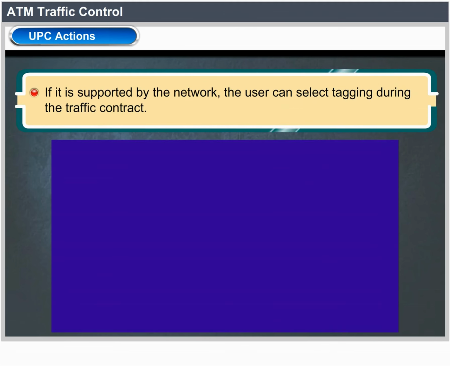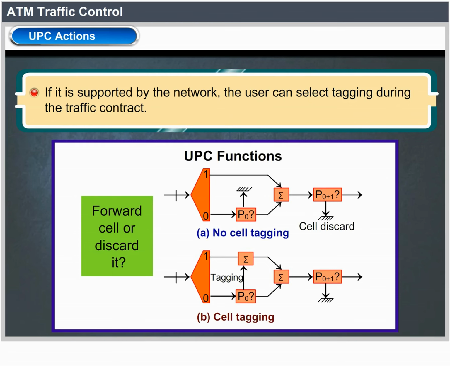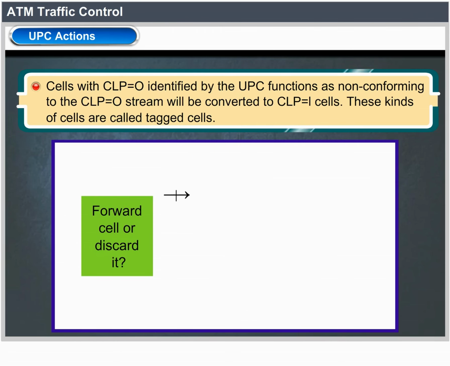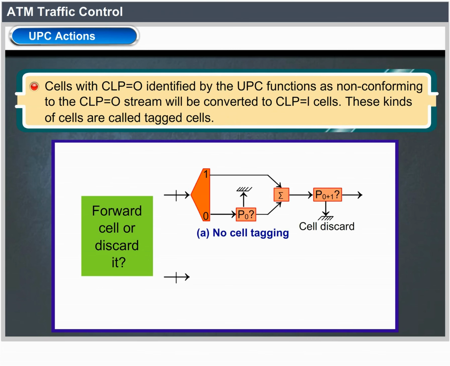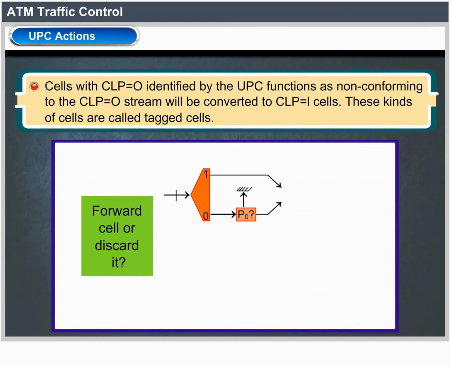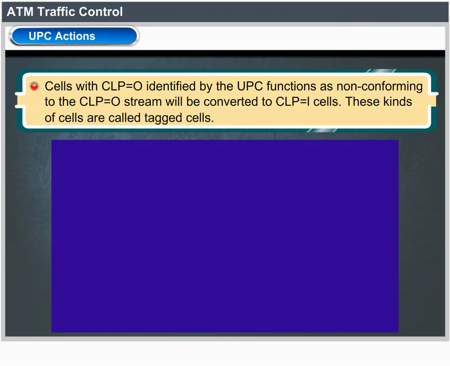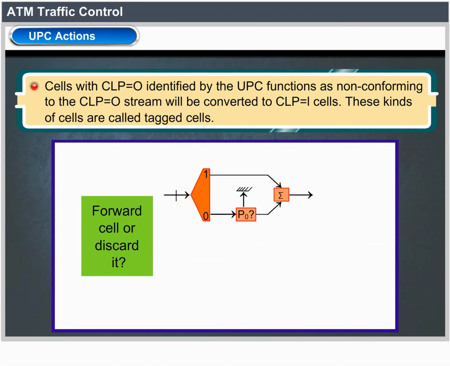If it is supported by the network, the user can select tagging during the traffic contract. Cells with CLP equal to 0 identified by the UPC functions as non-conforming to the CLP equal to 0 stream will be converted to CLP equal to 1 cells. These kinds of cells are called tagged cells.